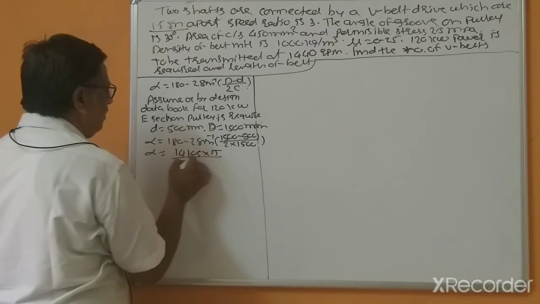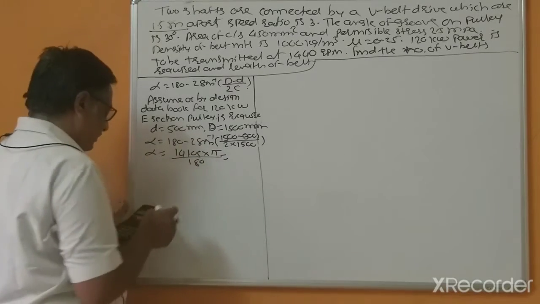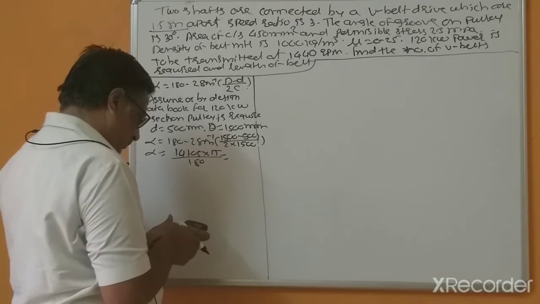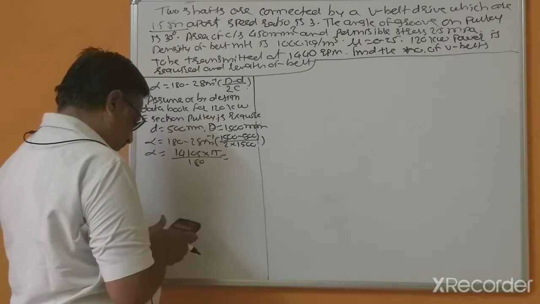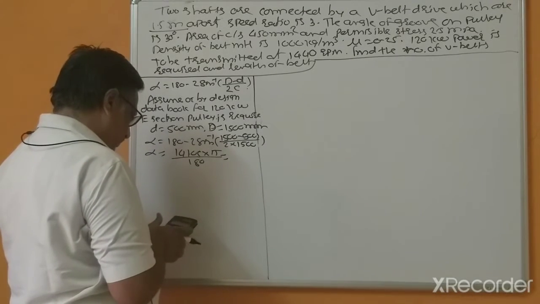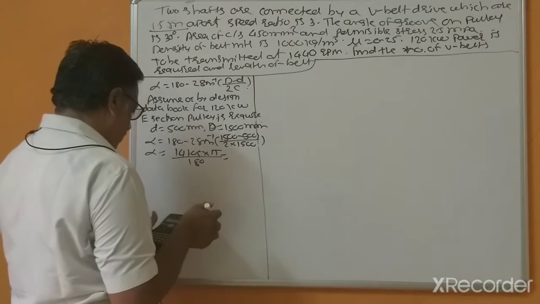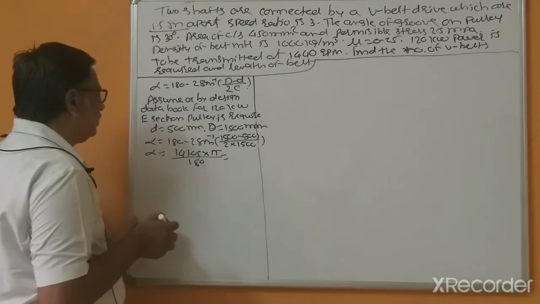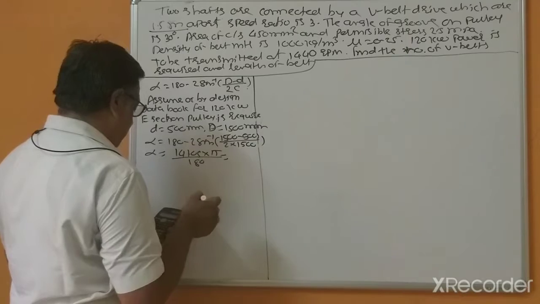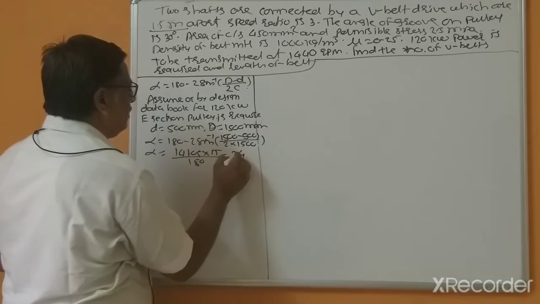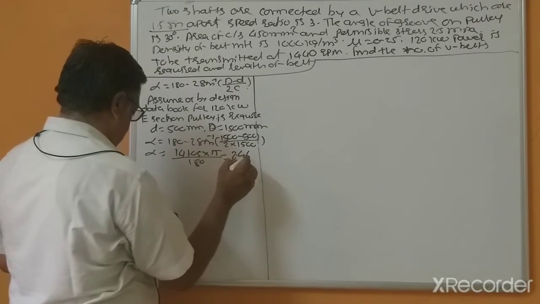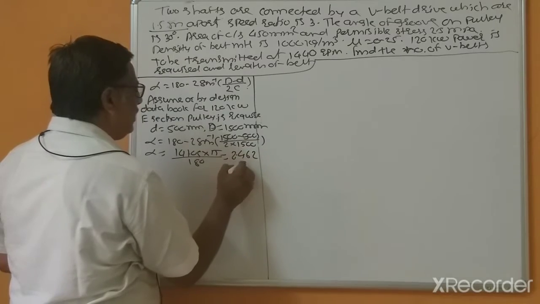Multiplied by pi divided by 180, this is equal to 2.461 or 2.462 radian.